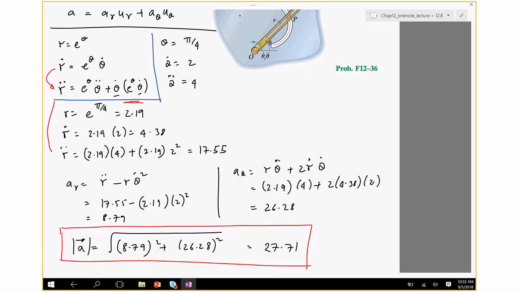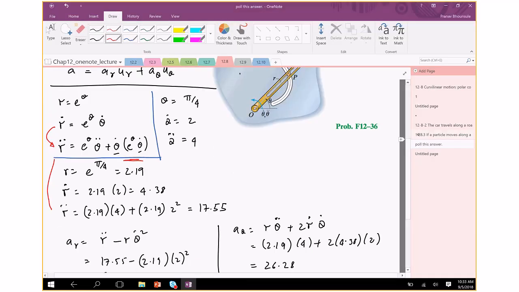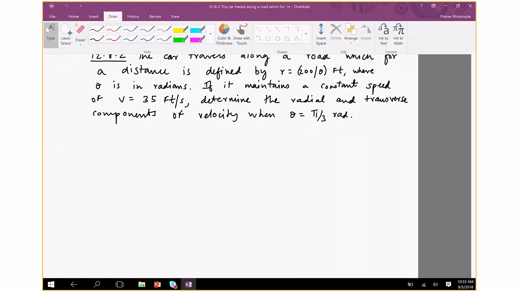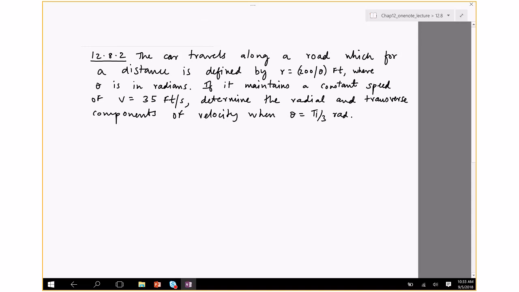Okay, so that's okay. This is okay. I'm looking at 27. I don't know how we got 26. Who got 26.3? Is that okay? Okay. Next question.